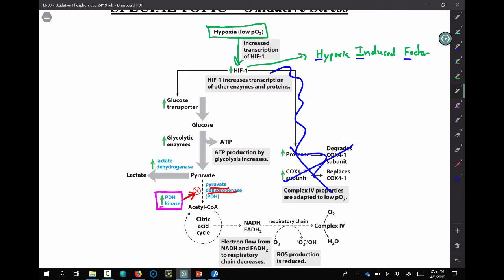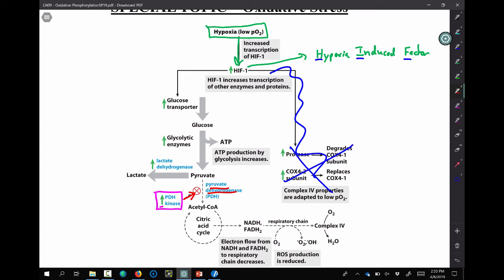That will slow down citric acid cycle flux, which will then reduce NADH and FADH2 entering into the electron transport chain. So you're reducing the number of electrons going into the electron transport chain because you have a hard time getting them out with low oxygen levels. And by doing that, you'll reduce oxidative stress. So that's one of the first things that will happen in these cells.